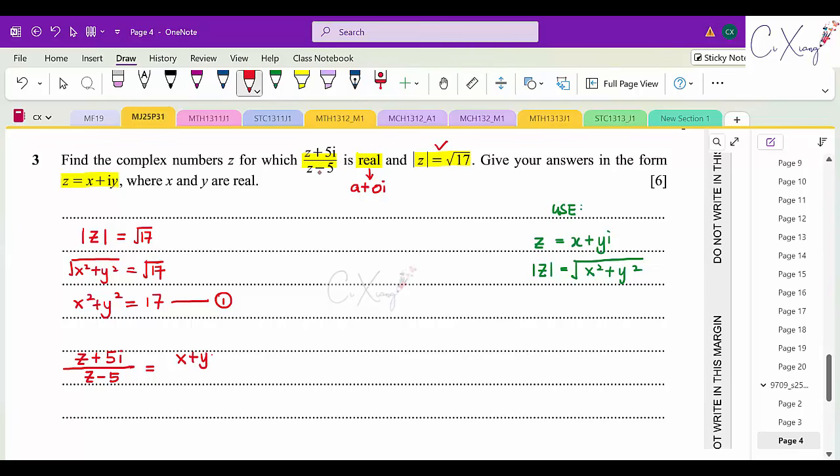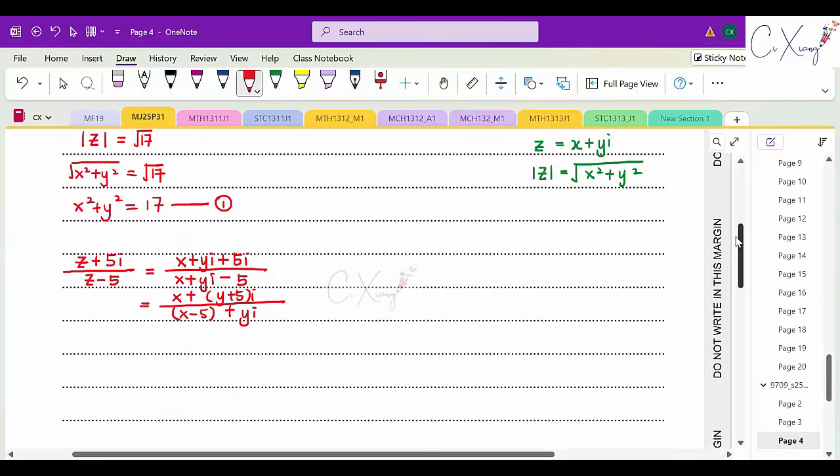So z is x plus 5i, right? So I substitute into the fraction. Then I group them in the form of real and imaginary part.